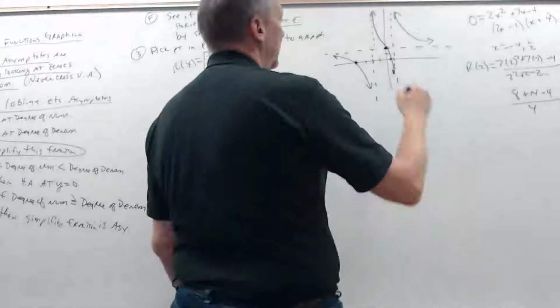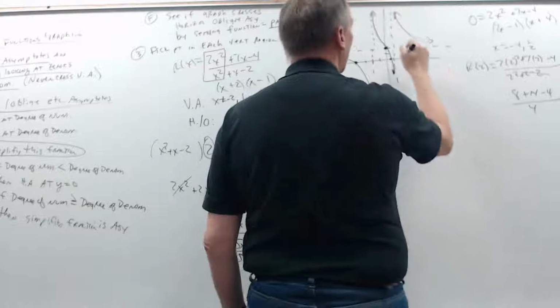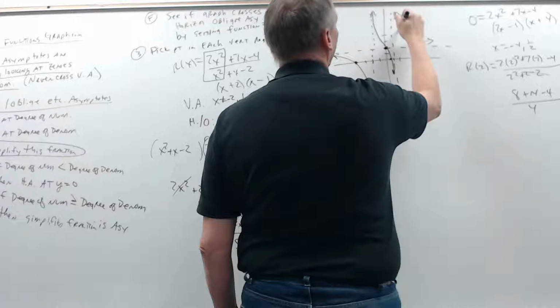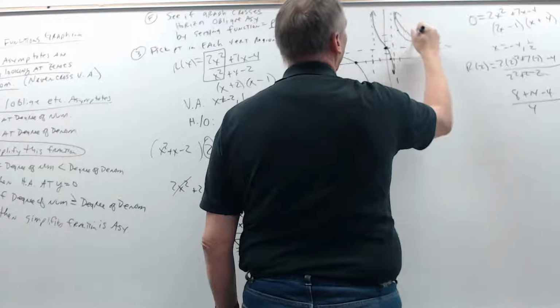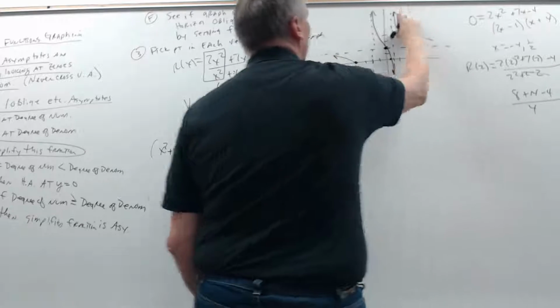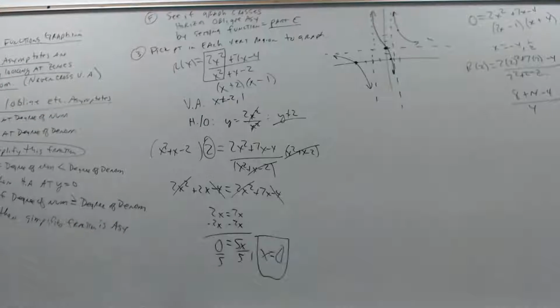So look at that, right where I drew it. So when x is 2, y is 4.5. And I guess I should have drawn it over here. Now it's more accurate than it was. That make sense? Okay.